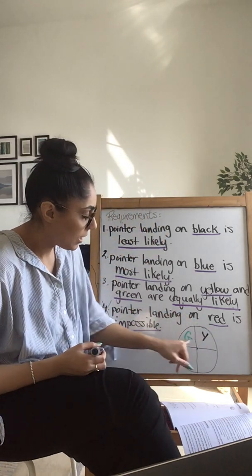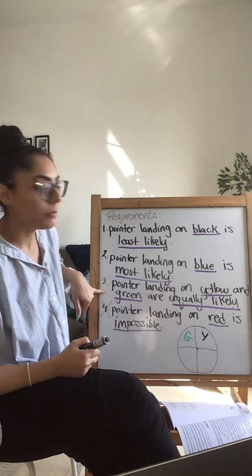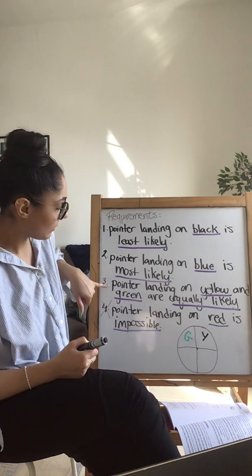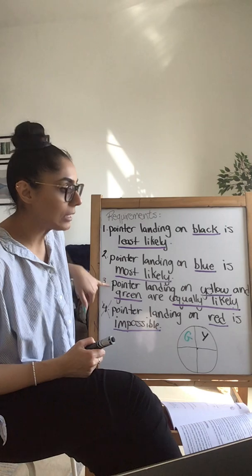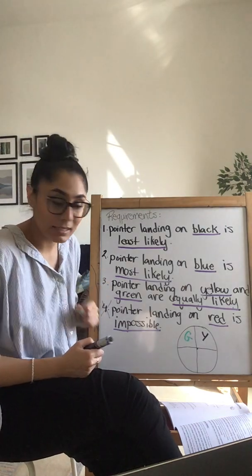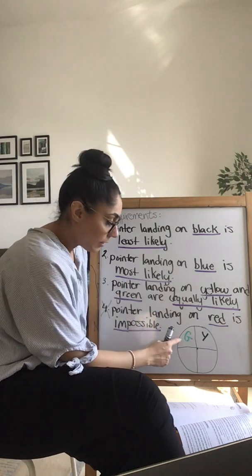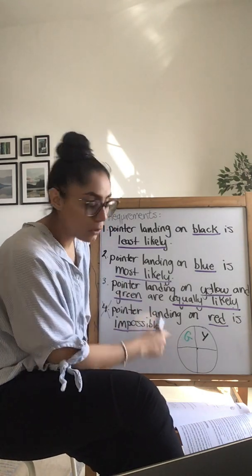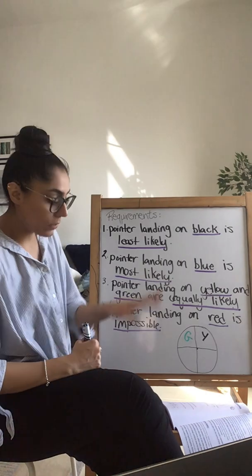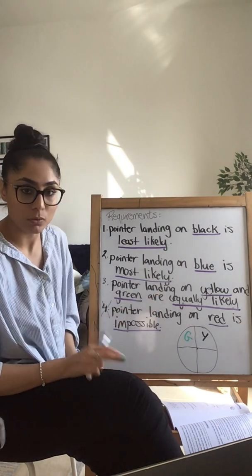So if this is green and this is yellow, is this correct? That landing on green and yellow are equally likely? Yes, that does match. So as of now, that does match because the section for green is the same as the section for yellow. So I can leave that because that is true, right?